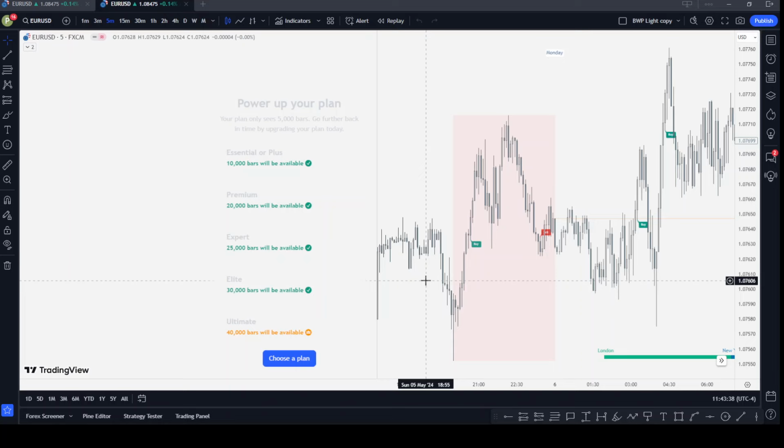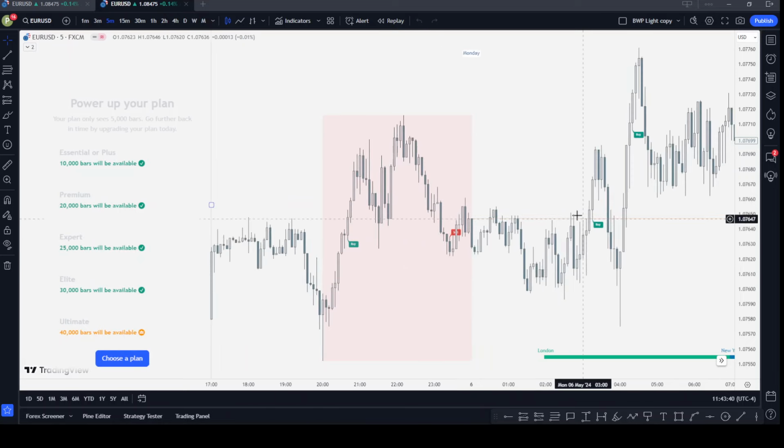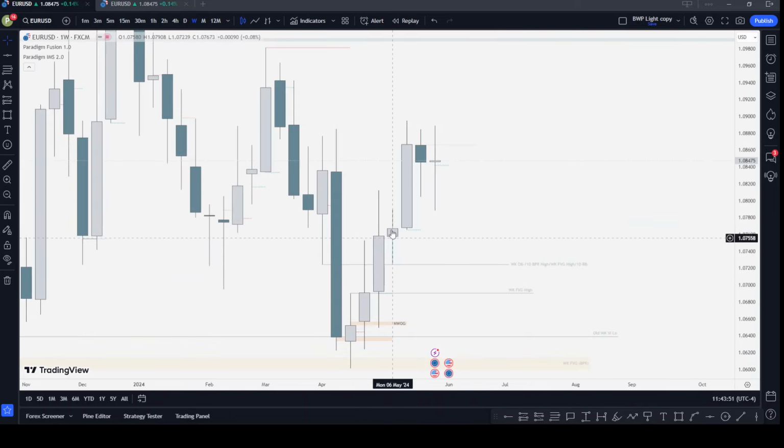This is the 5th. You can see I can see data before this time. So this is the 6th, Monday 6th. That means I can only show you examples from here up to the current price action.